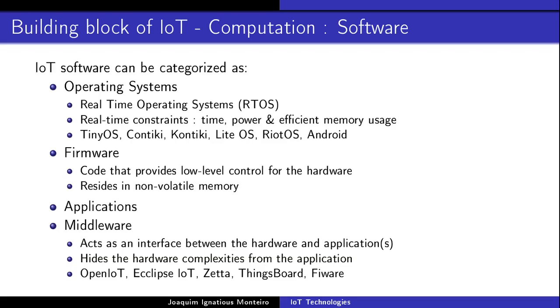First, you have operating systems, basically real-time operating systems. Real-time has two variants, hard real-time and soft real-time. Real-time means, for instance, the ABS system, the anti-lock braking system in your cars. Some cars provide it as an extra feature.